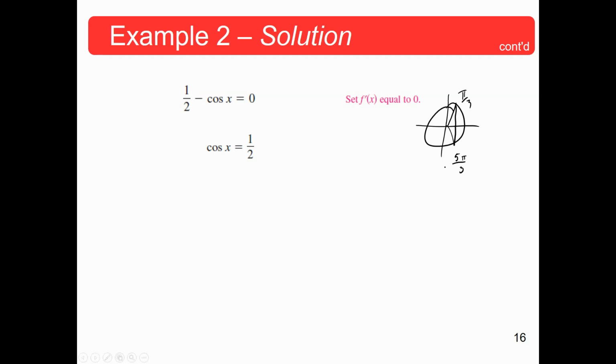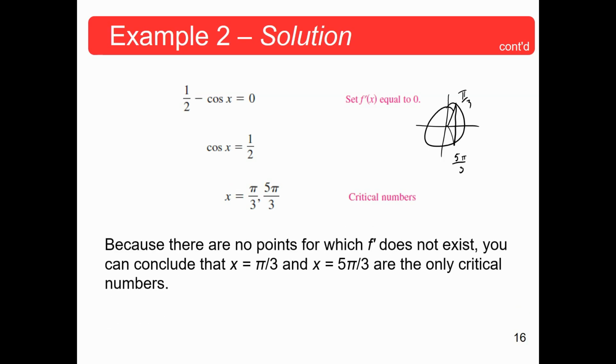Sorry, I had a moment there. So those are our two critical numbers. Notice there's no point where the derivative doesn't exist, so we can conclude that these two are the only critical numbers.